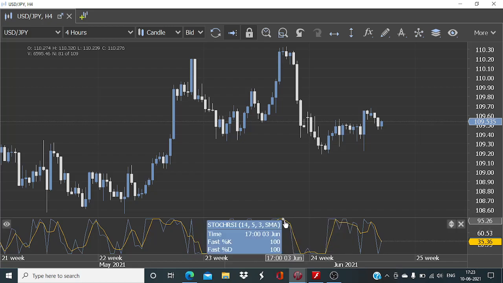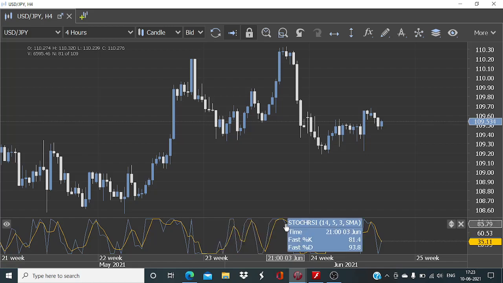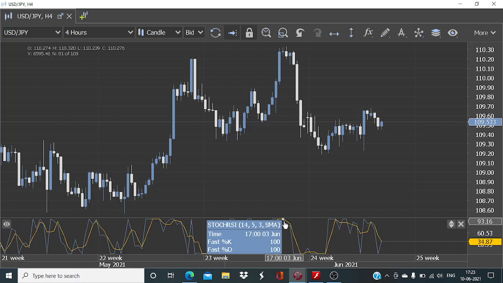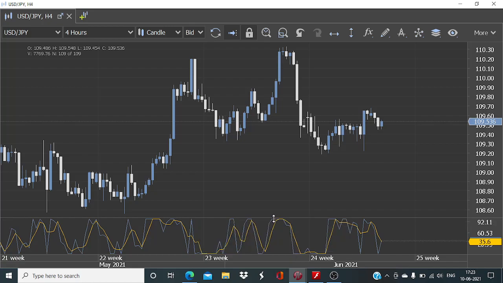So here the condition is going to be that fast percent K and fast percent D value in the last 4 hours should have been below 100, and in the two 4 hourly candles prior to the last one, we will need the fast percent K and fast percent D value at exactly 100.